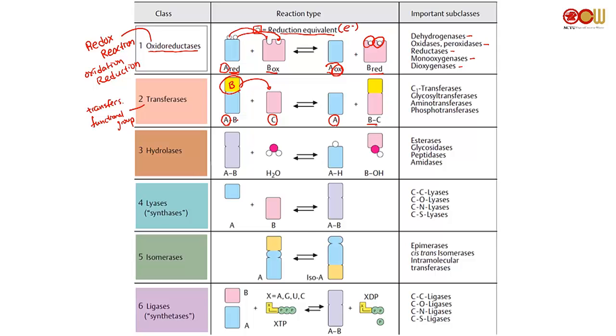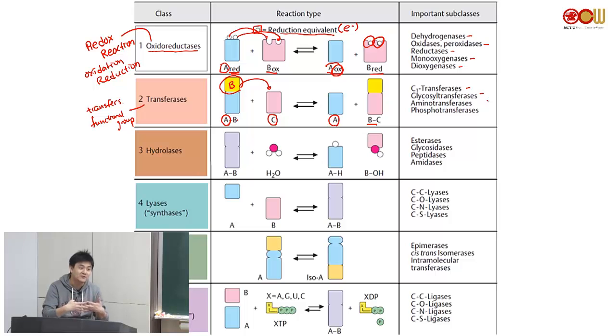There are a lot of different transferases that you see here. You have, for example, C1 transferase, glycosyl transferase. Remember, we heard about glycosyl transferase during the sugar-sugar bond formation. When you want to form a glucose dimer, remember we had that UDP glucose, and then a glycosyl transferase, which will transfer the glucose part from the UDP to another glucose.